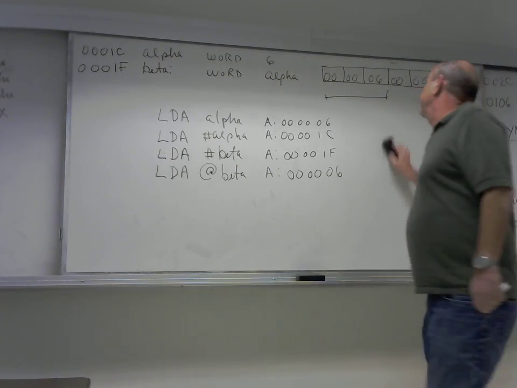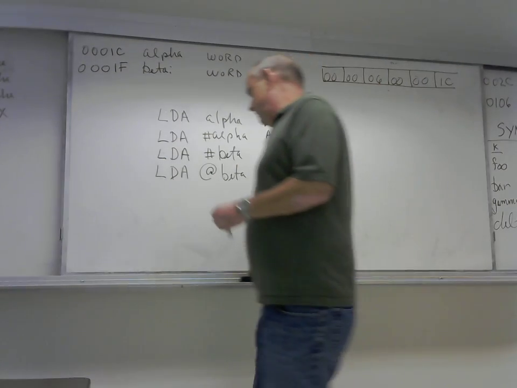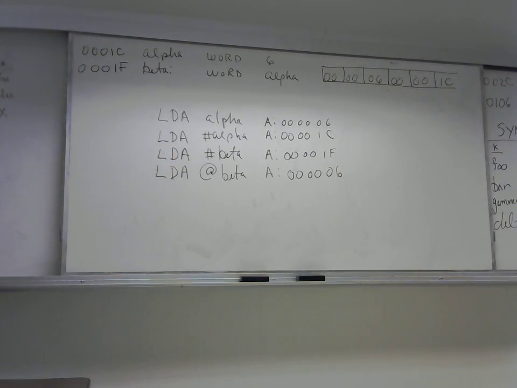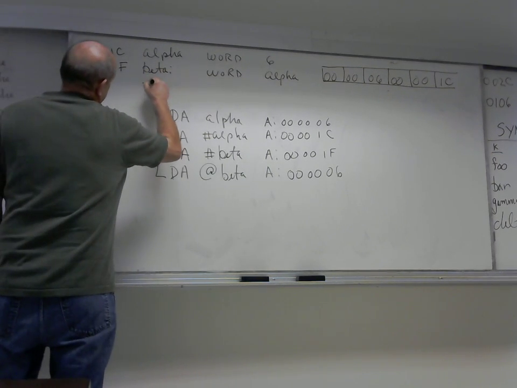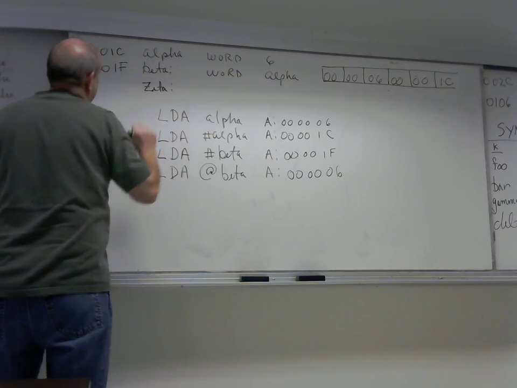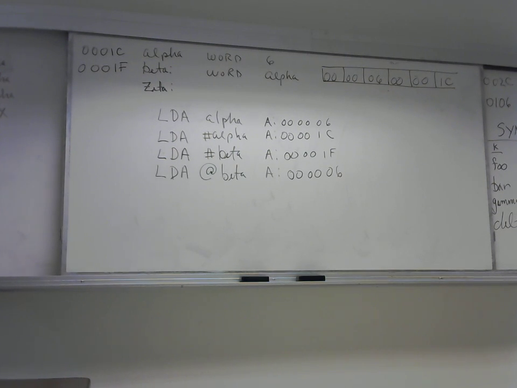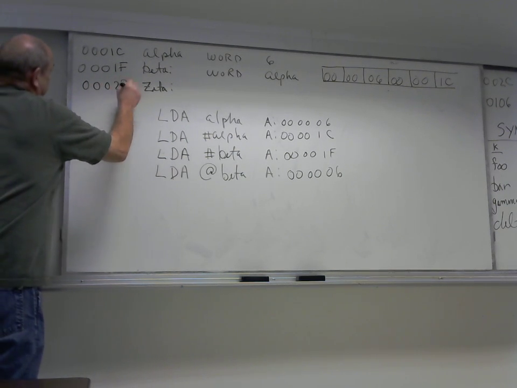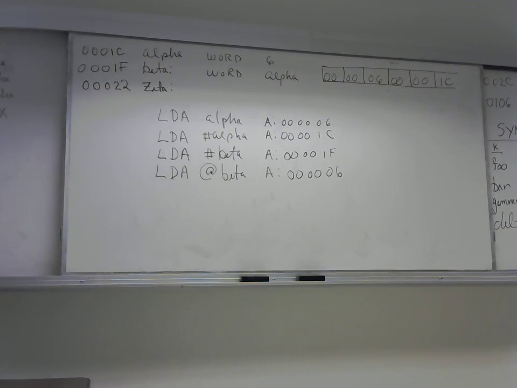Okay. Now I want to add one more here. What's the address of the next label? Let's do something different. Let's call it zeta. What's the address of zeta? 22. Yes. Everybody see that? It's just arithmetic. Okay.